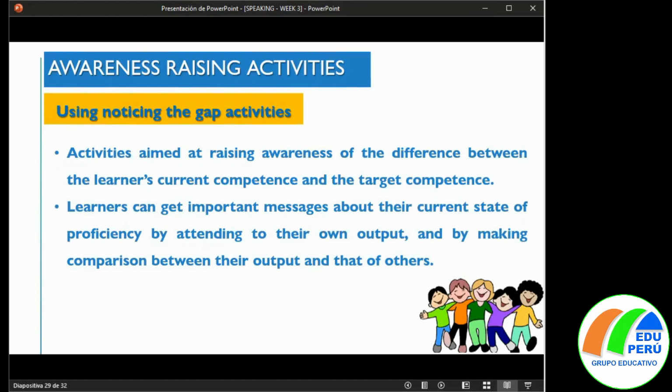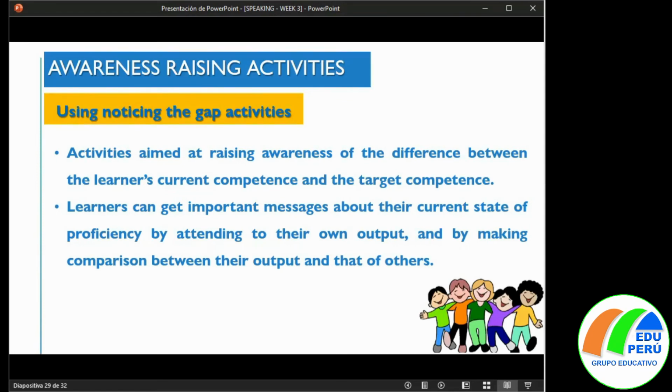They are going to compare their own performance with other people's performance. So this is the noticing the gap activities.